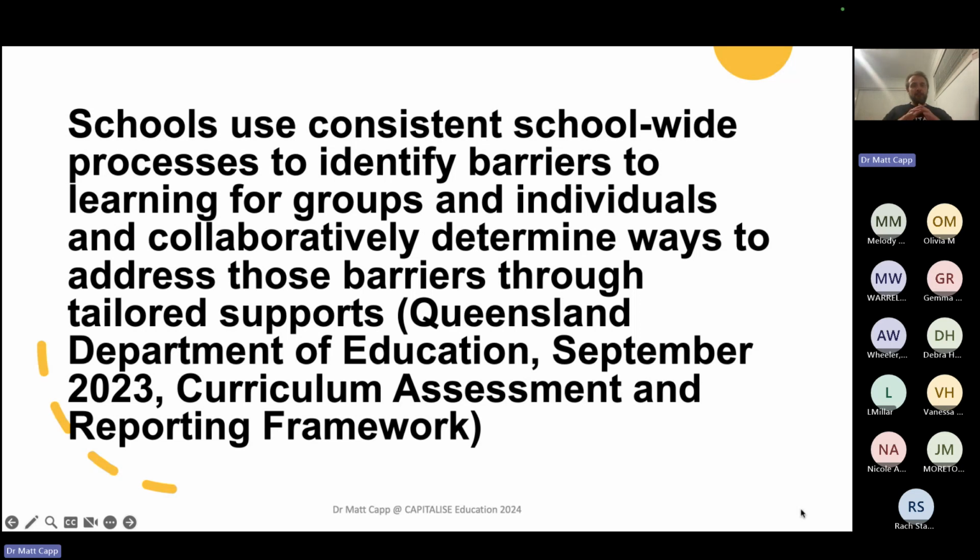Because once again, if you think about kids as labels, you miss their strengths and you miss their barriers to learning, and then you often end up with generic approaches that often don't work. So it's about establishing processes that can be used to identify those barriers to learning, all those functional impacts coming from the nationally consistent collection of data. And we'll have a look at what we could do today.